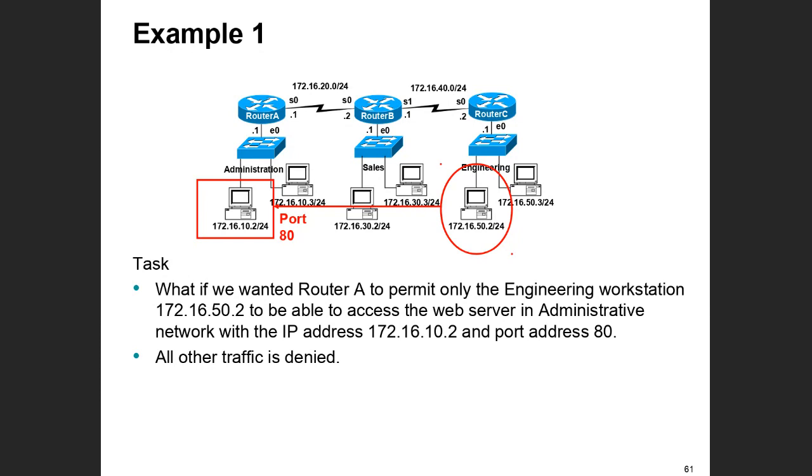He must be trying to get to the Internet Information Services web server that's built into that Microsoft Windows server in the administration department. All other traffic is to be denied. So only the engineering workstation can get to that red server on the left, and only port 80 web traffic. He can't telnet, he can't send mail, he can only do web traffic.